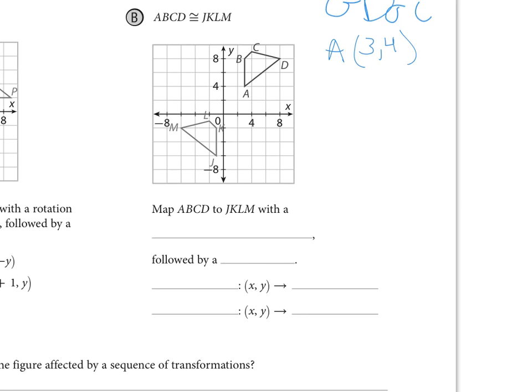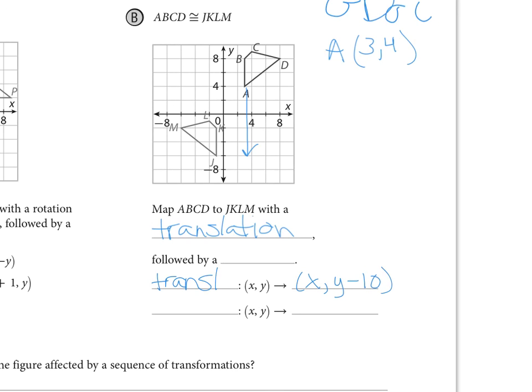So we're going to map it first with a translation, because we want to slide that point A down to where J is, and so that is a movement of, counting on the grid here, 2, 4, 6, 8, 10 down. So our translation first is going to be leave x alone, but move down 10.